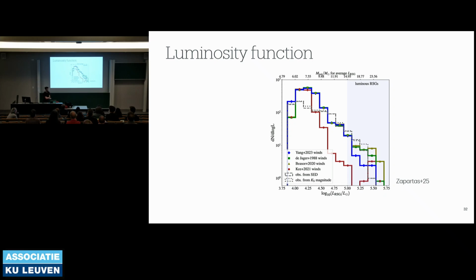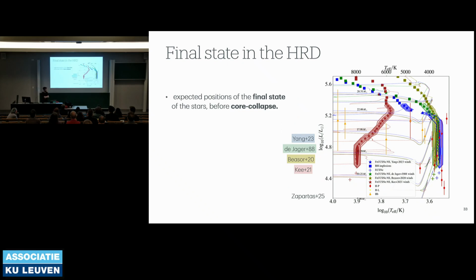But if we also see the final state of these stars in the HR diagram, here the contours and the stars show the expected positions of the core collapse supernova when the star ends its life. You can see that Bizor and de Jager are located around there, which agrees with the points showing the observed red supergiant progenitors of core collapse supernovae.